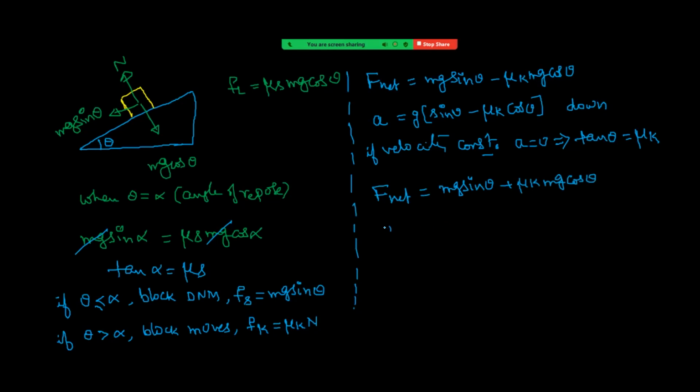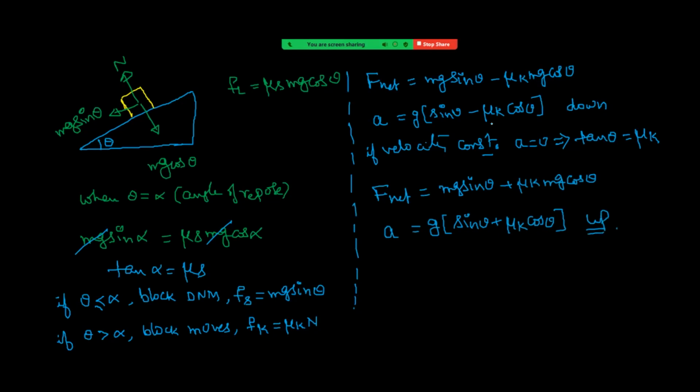From this, I can say acceleration is g into sine theta plus mu k cos theta. This is when the block is moving up the incline.